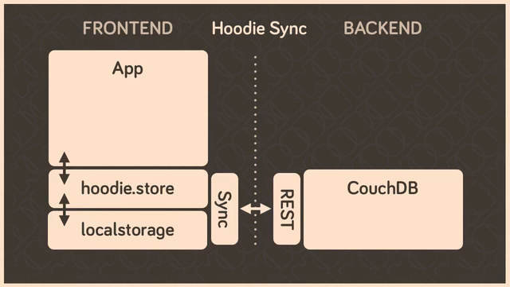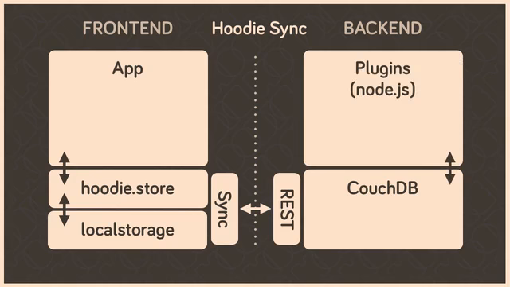And we can do this because in Hoodie, every user has a small private database that only they can access. And that makes it really easy for us to decide what we're going to sync, all of it, because it's your personal data and it should be on your device. And behind that is basically the backend. So the Hoodie core and plugins you may want to write in Node.js.